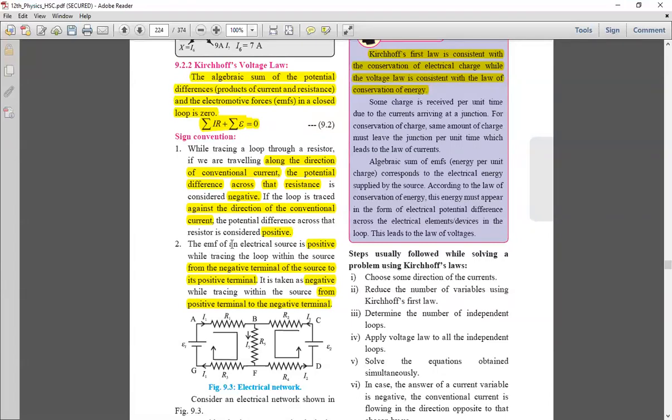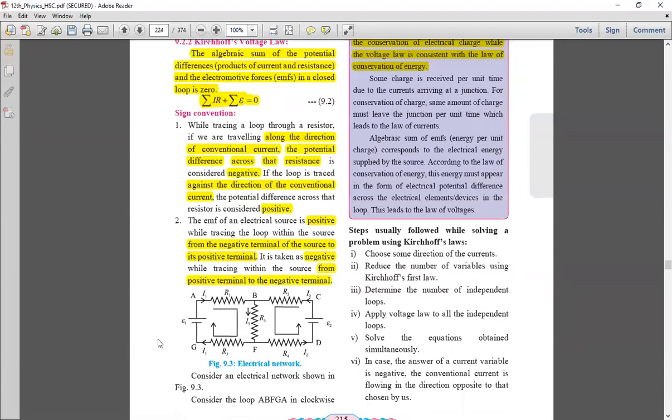Similarly, the EMF of an electrical source is positive if we go from the negative terminal of the source, cell or battery, to the positive terminal, and it is negative when you are going from positive terminal to negative terminal. So we have considered the loop ABFGA. By the loop name, we are going from A to B. A to B, what are you finding? Only the resistance.